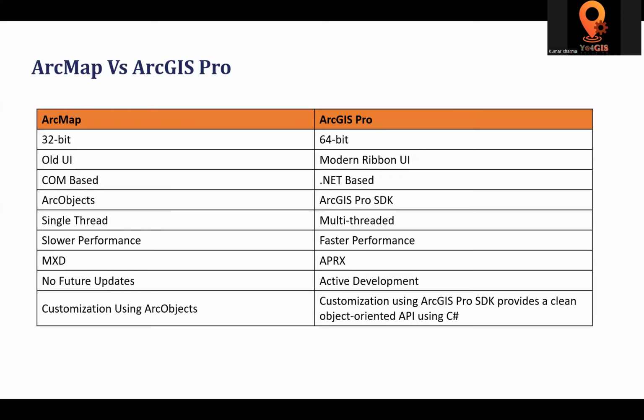ArcMap uses the concept of the MXD, but in ArcGIS Pro, there is no MXD concept. ArcGIS Pro works on the project concept. In one project, you will get the 2D map, the 3D map, the catalog, everything in a single project only.